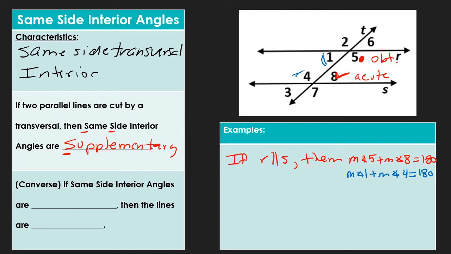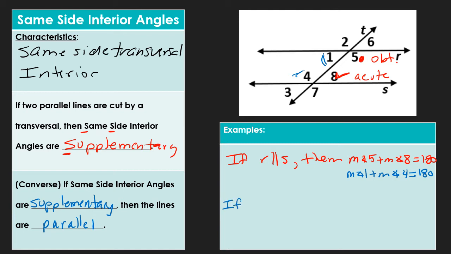The converse says the same thing the other direction. So if same side exterior angles or same side interior angles are supplementary, then the lines are parallel. So basically we're going to take the converse of the statement we wrote before.